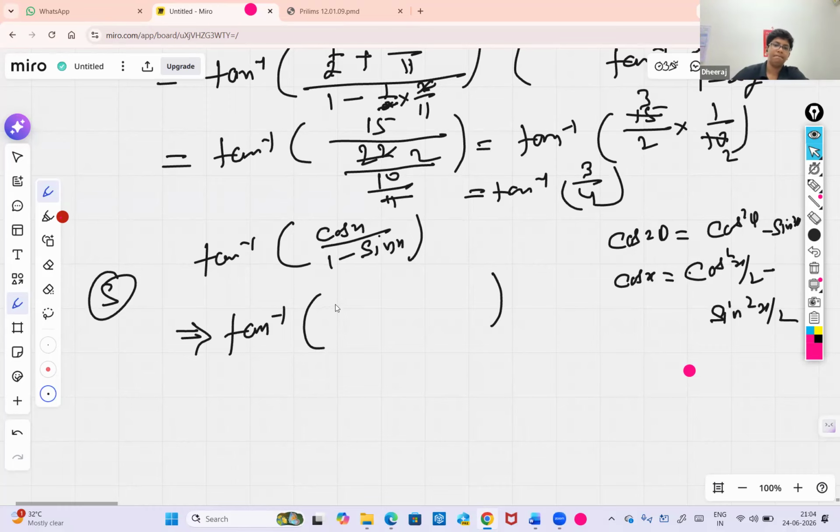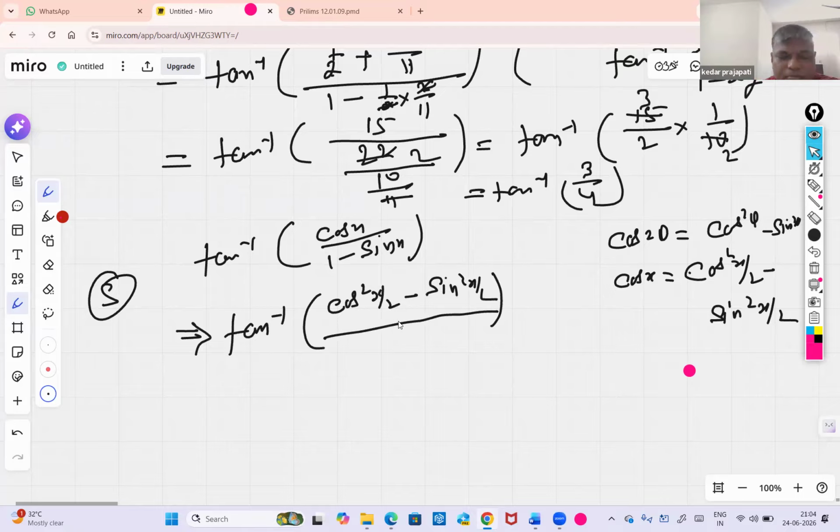So up will be cos square x by 2 minus sin square x by 2, and bottom, 1 we can write in the form of cos square x by 2 plus sin square x by 2. And sin x is 2 sin x by 2 cos x by 2.